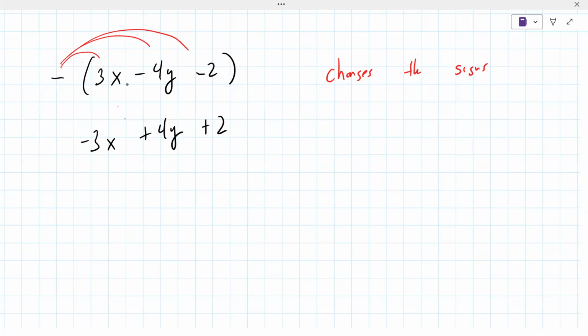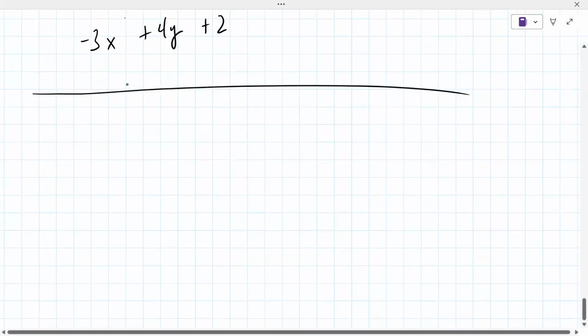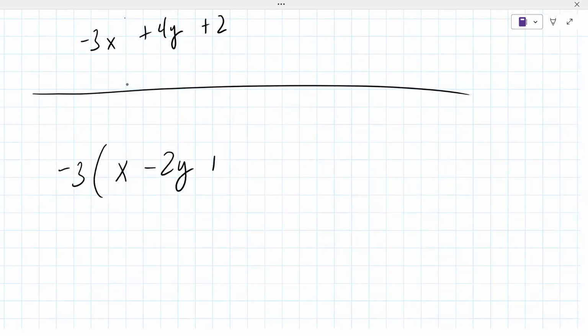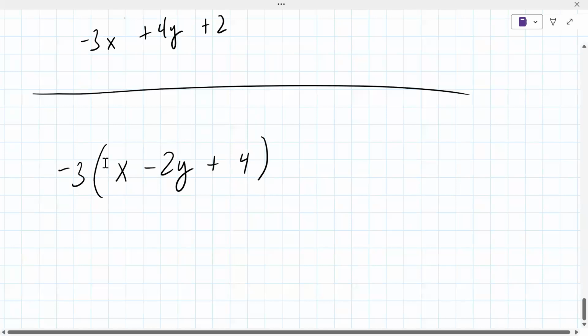Let's see what else it could be. Just looking at your problem there. You could also have a number on the outside. You could have like -3 times x minus 2y plus 4. What is the number in front of x that's not written?